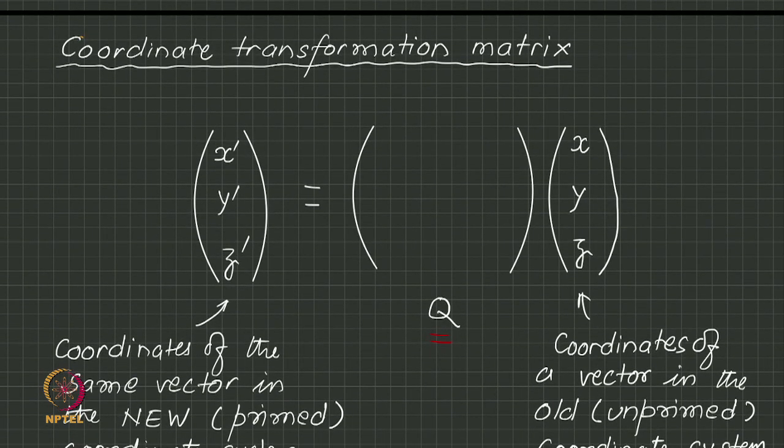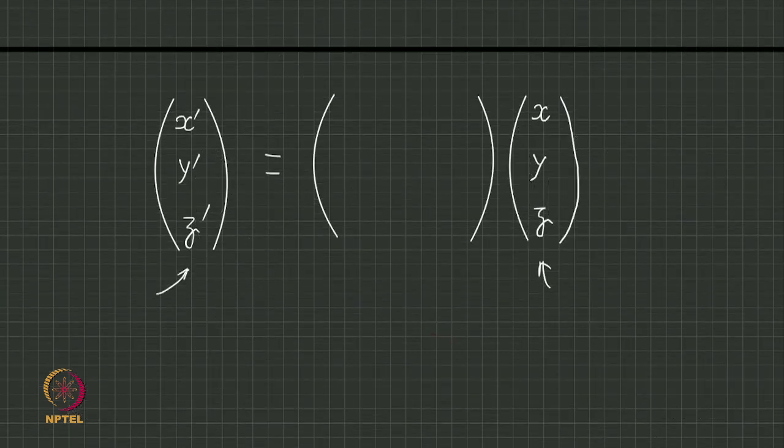So, this is the magic which Q should do, but how do I find this magic matrix? So, let me write the columns of this magic matrix.